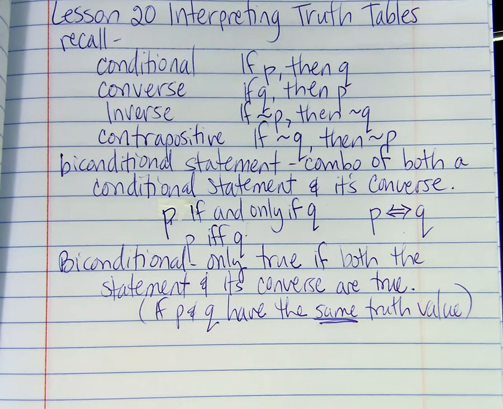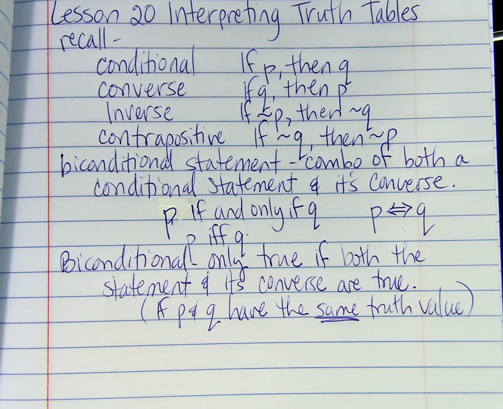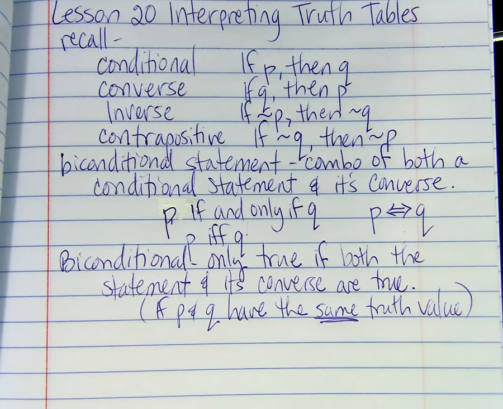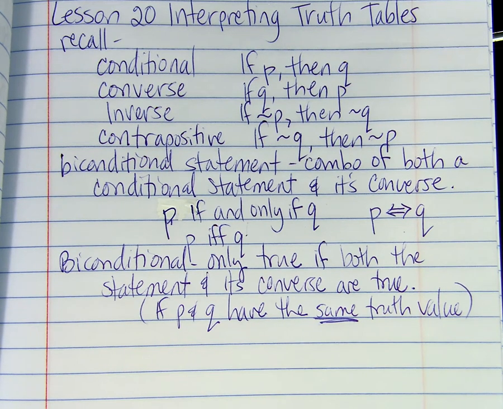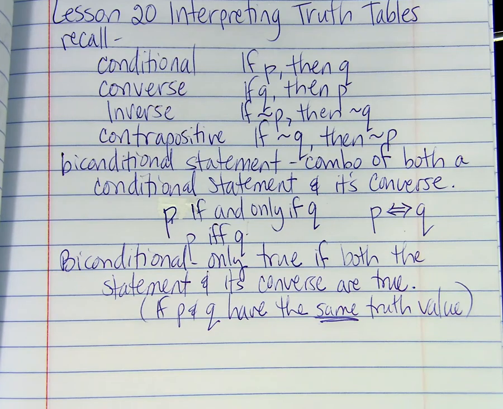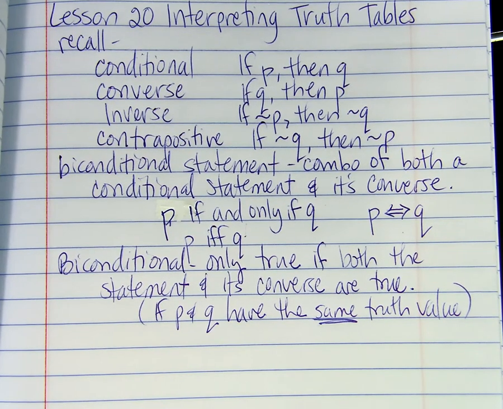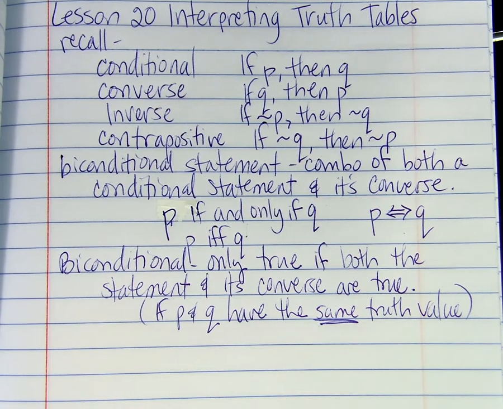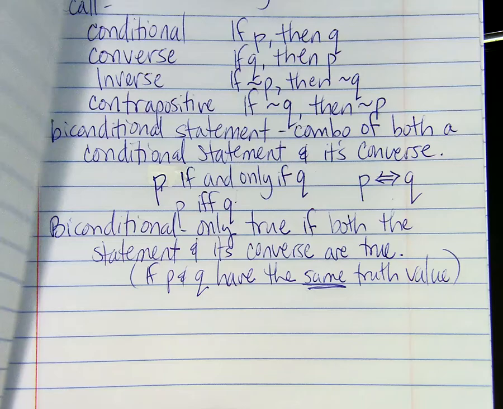Wait. No, you're not going to have a statement where both the statement and the converse are false. Never mind. Can't do that. But you could have the hypothesis and the conclusion both false, and the biconditional statement would still be true. Okay, I'll show you in a truth table when we get to the truth table.